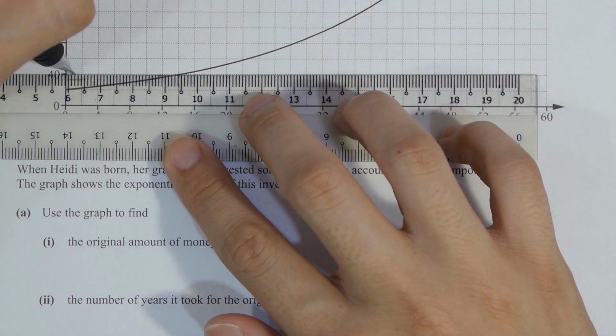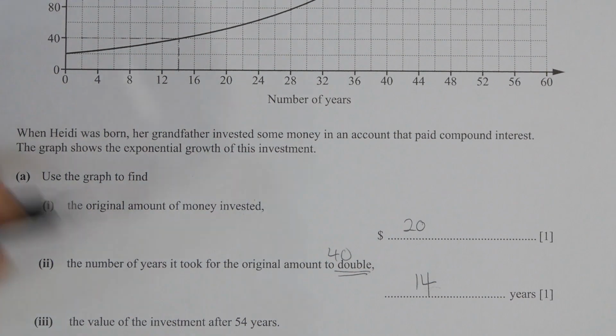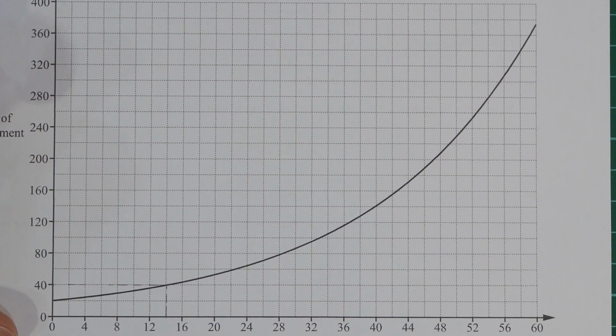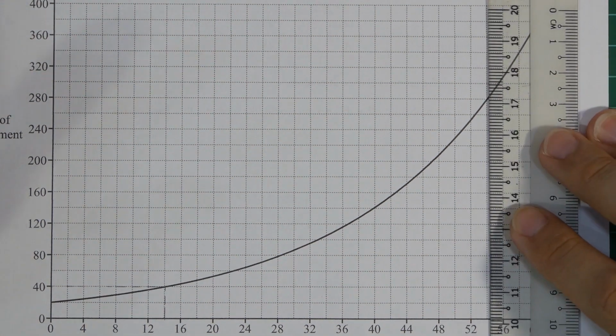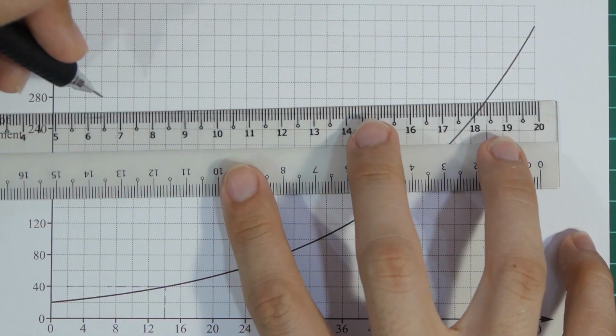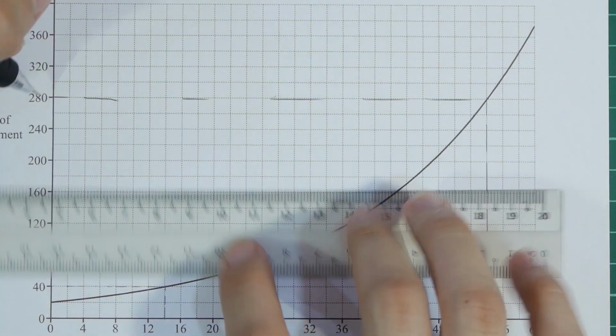From 40, you draw it down, and you will identify that it took 14 years for the 20 to double up. The value of the investment after 54 years: at year 54, I drew it out from the line, and you will get the value of the investment as 280.